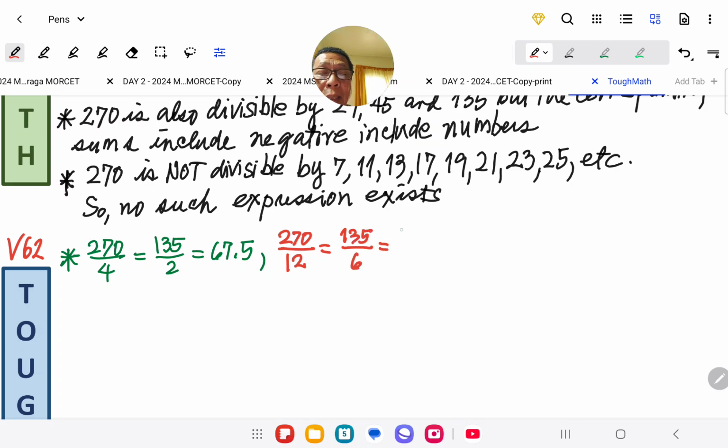And then we divide it by 3, so you have 45, so you have 2. So this is 22.5. And then 270 divided by 27, this is, no, 20. Sorry.